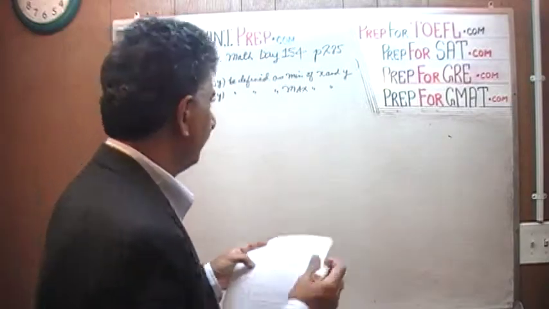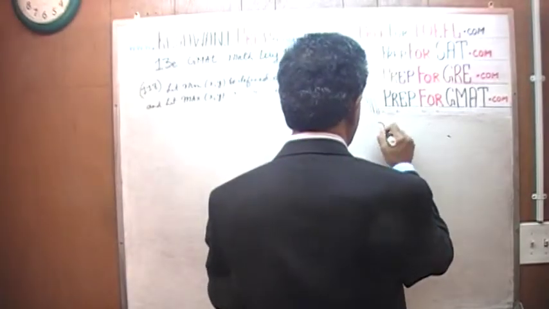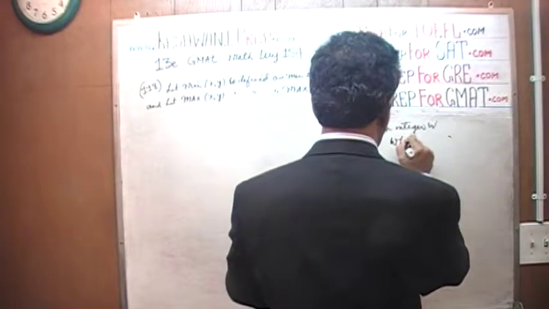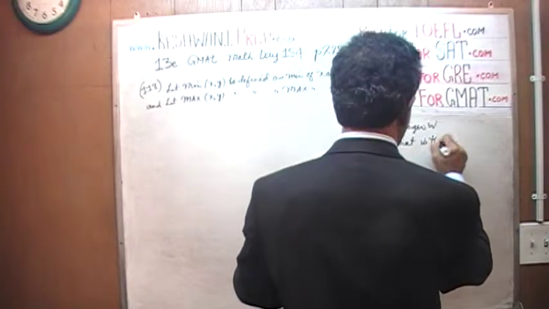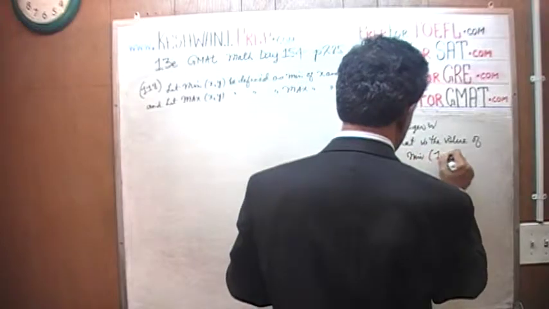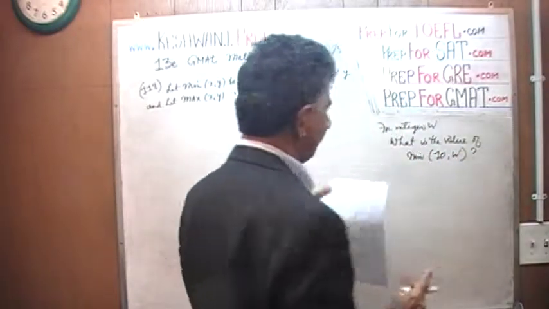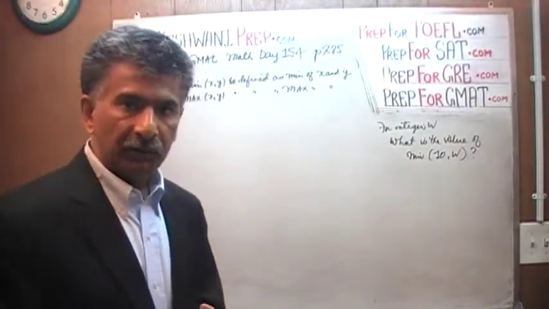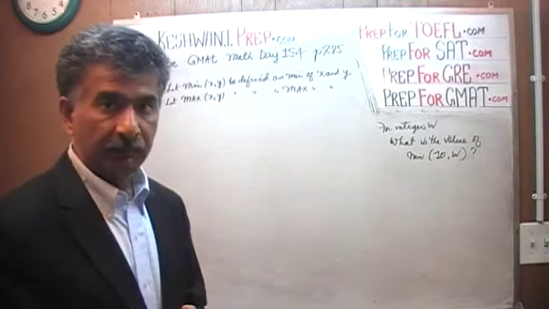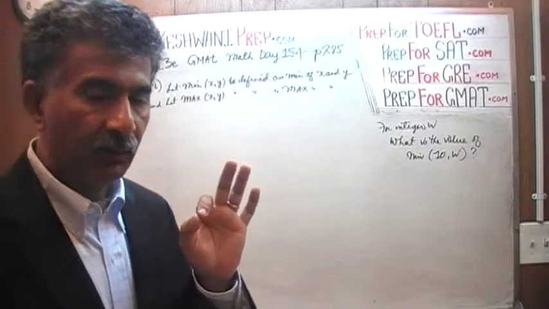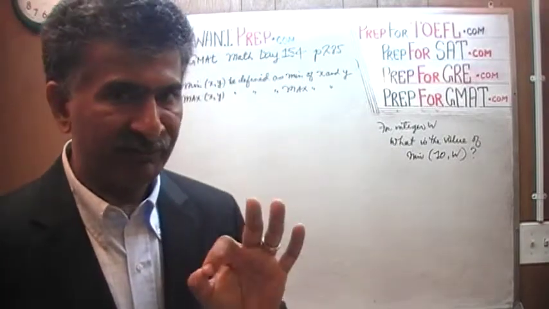The question simply is, for integer w, what is the value of minimum 10, w? Because they are asking for the minimum of 10 and w, all we have to do is figure out if w is more than 10 or less than 10.